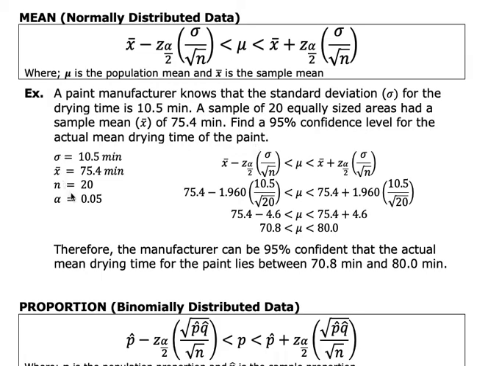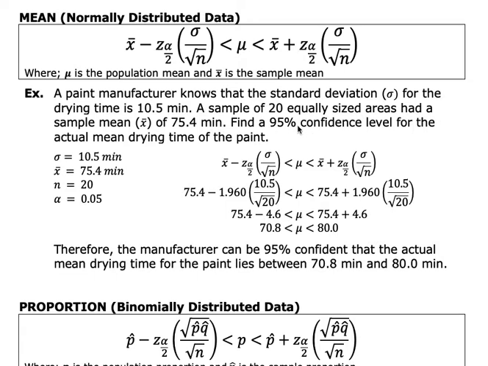So let's look at our given information. We were given the standard deviation is 10.5 minutes, and that was given from the population. Our sample observation was 75.4 minutes, and this was for 20 equally sized areas, and the significance level is 5% if we have a confidence level of 95%.